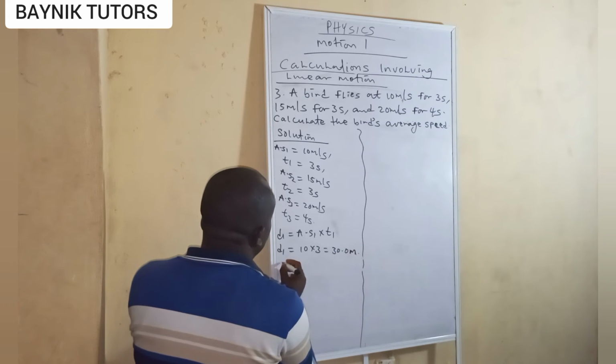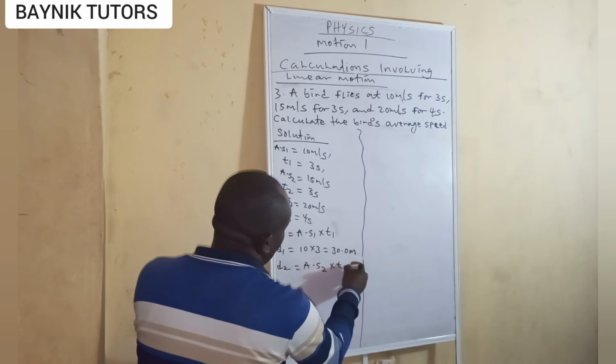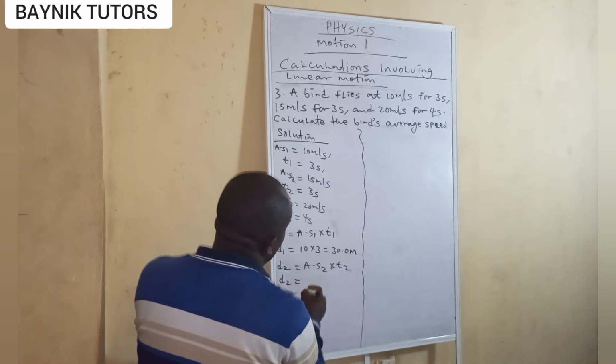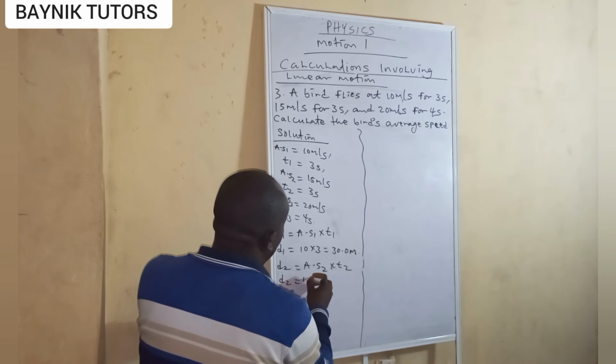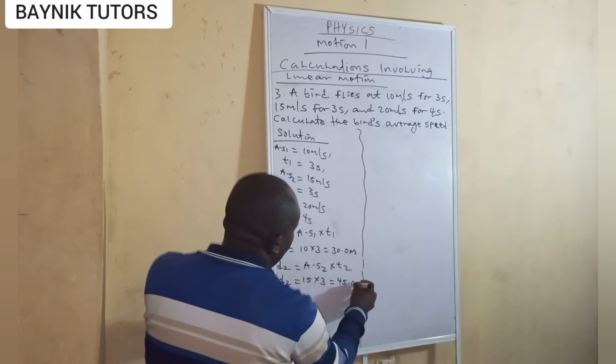Then D2 is average speed 2 times T2, which is 15 times 3, which is 45.0 meter.